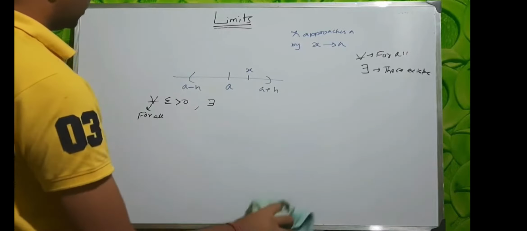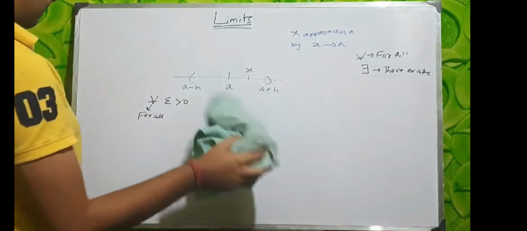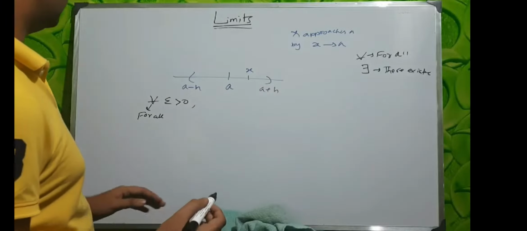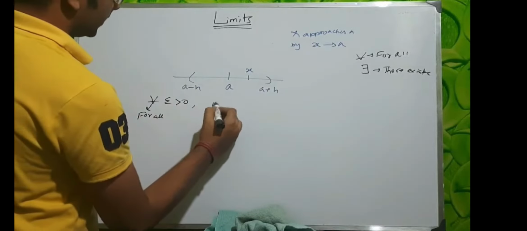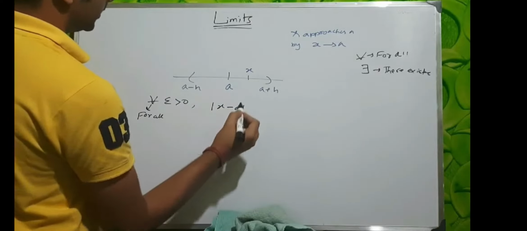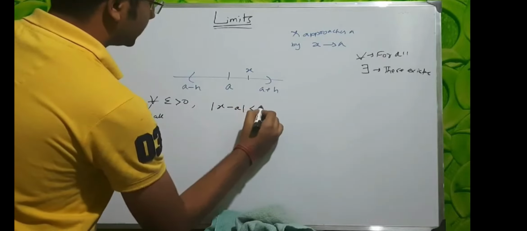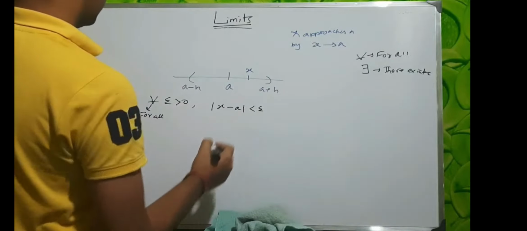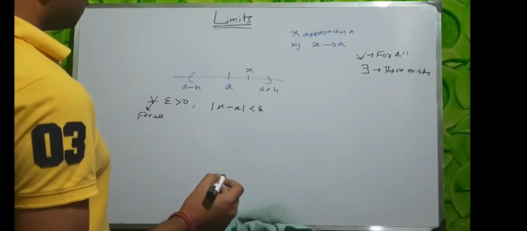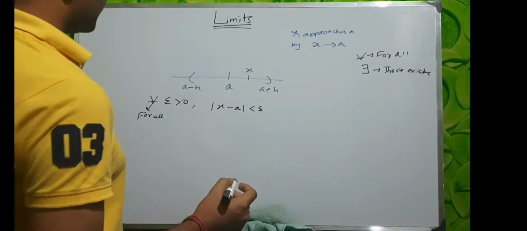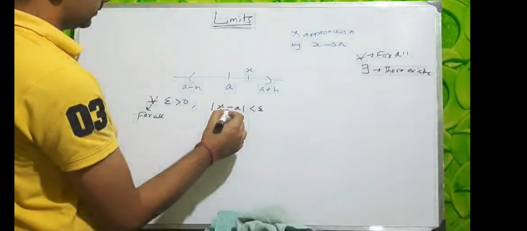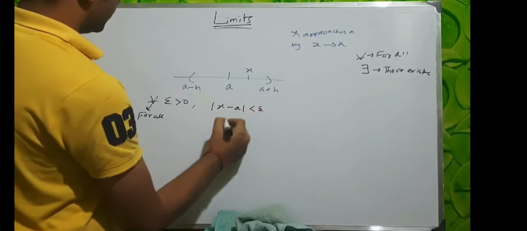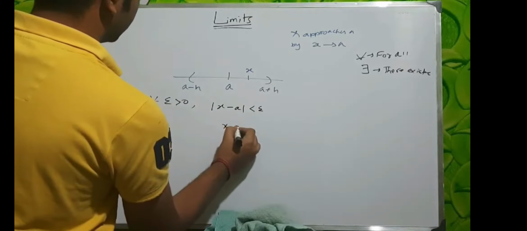So where was I? For all epsilon positive there exists... okay, this does not match up with the sequence definition. So for all epsilon greater than 0, if we can say that mod of x minus a is less than epsilon, then we can say that x tends to a, right?